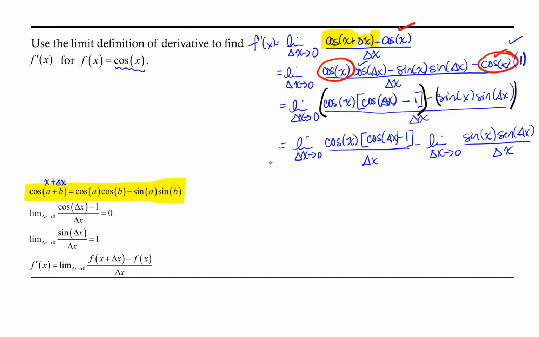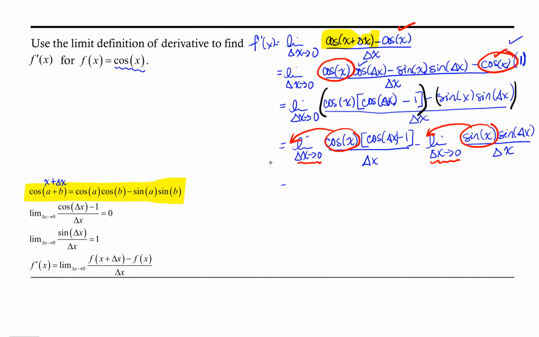Now, in this limiting process, delta x going to 0 will not affect cosine of x. So I can pass cosine of x through my limit. Same is true over here for my second term as delta x goes to 0. Delta x behavior does not affect the sine of x function, so we can pass that through the limit.